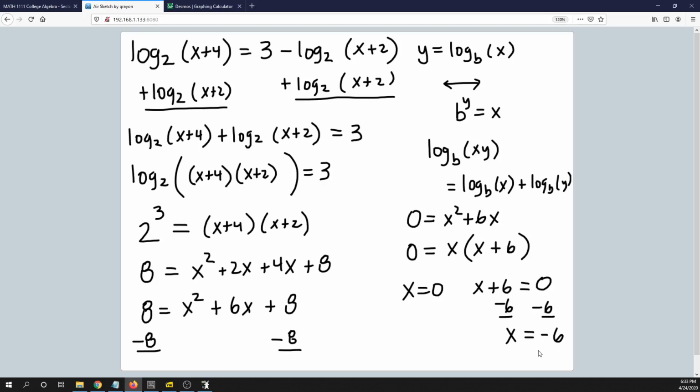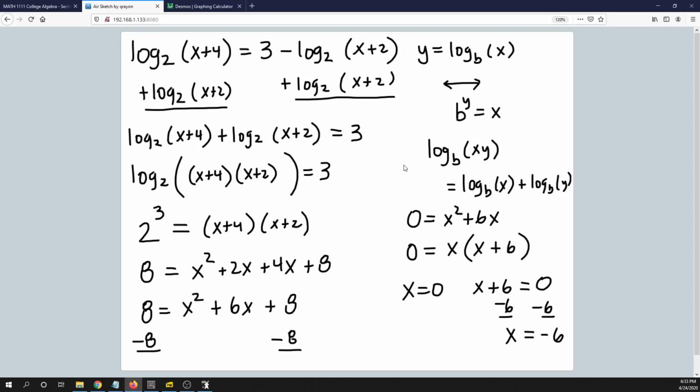Okay. So what I need to do now, right, is to check those two solutions. At the very least, right, you need to make sure that when you plug them into the original, you get non-negative or positive numbers, right, inside the parentheses. And if you don't, then it automatically can't be a solution, right?